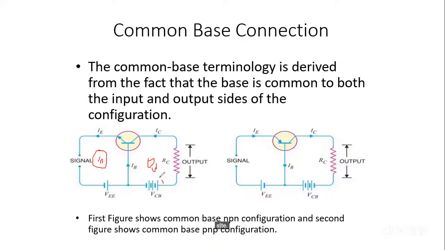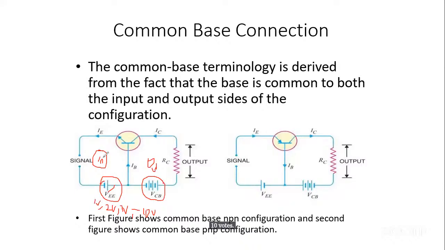If I keep this voltage, VCB, constant and vary VEB or VEE, I keep varying this. Let's say I start with 1 volt, then the next is 2 volts, the next is 3 volts, the next is 4 volts, and let's say I take up to 10 volts.